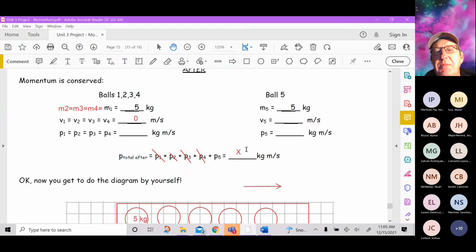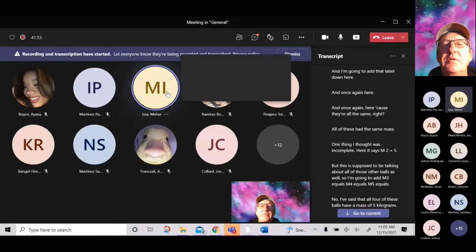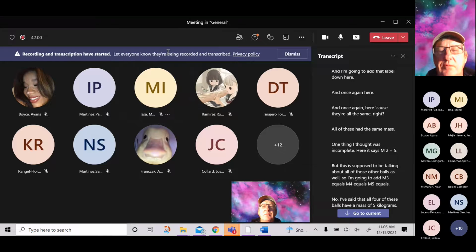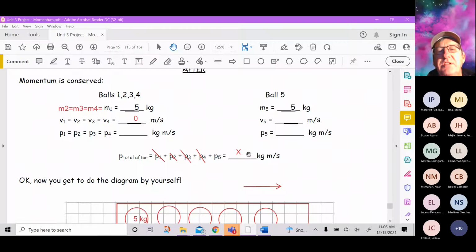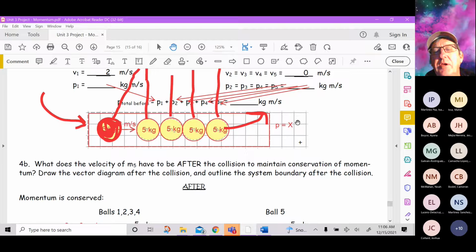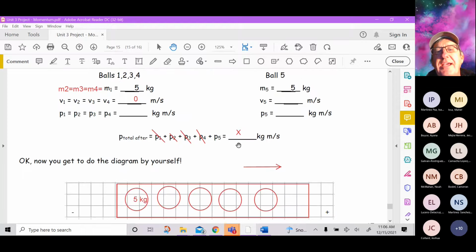If this was momentum X, there. Whatever this momentum was, X, again, we got it from up here. Because momentum is conserved before and after the collision, it's the same. I'm calling it X. I know that all these guys have a momentum of 0 because 5 times 0 gave me 0.